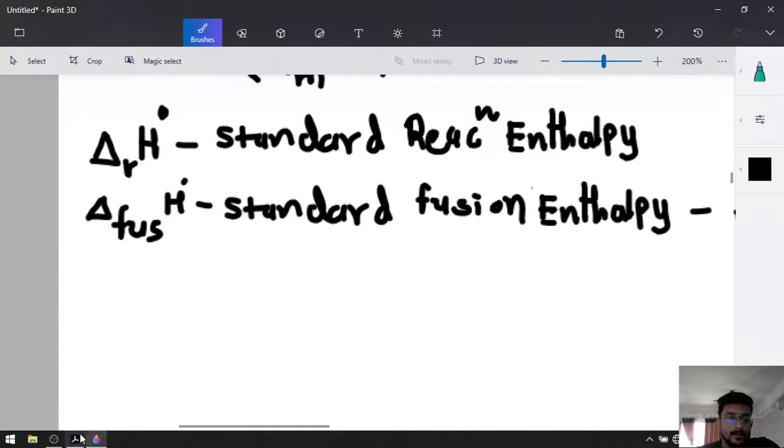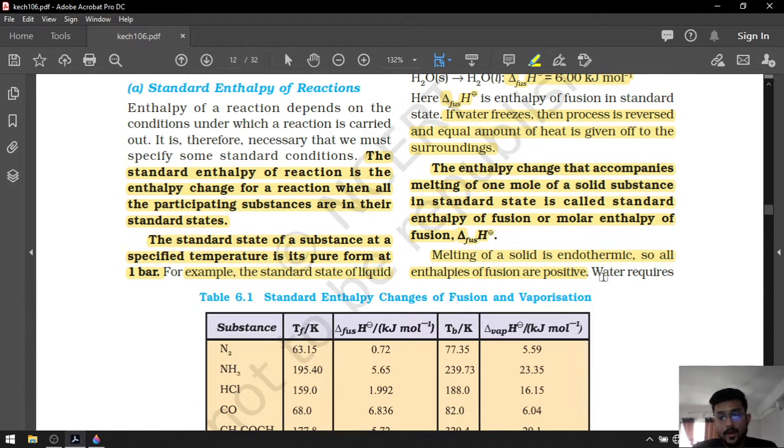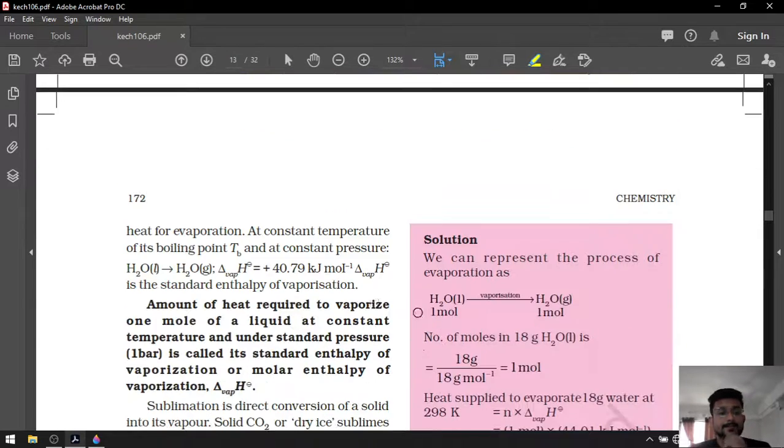Then vaporization enthalpy. Water requires heat for evaporation at a constant temperature, its boiling point Tb, at a constant pressure, right. So the value of the vaporization enthalpy for water is 40.79 at 100 degree Celsius.